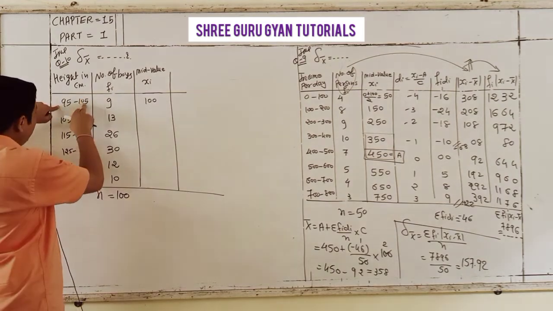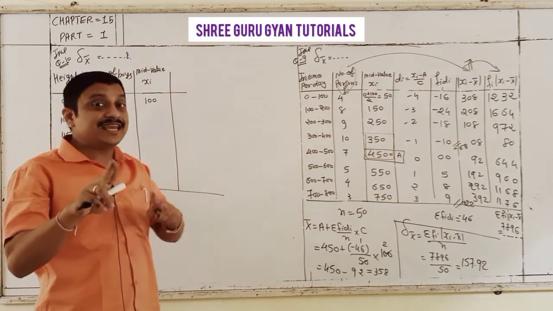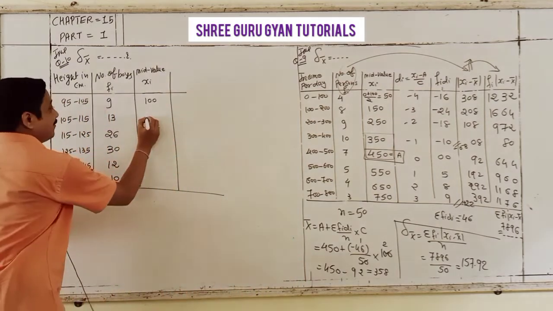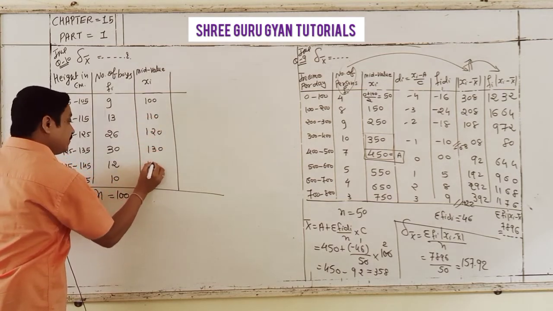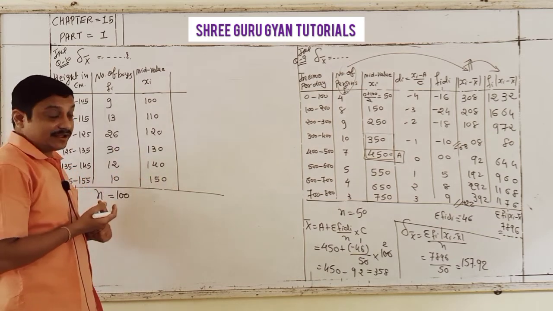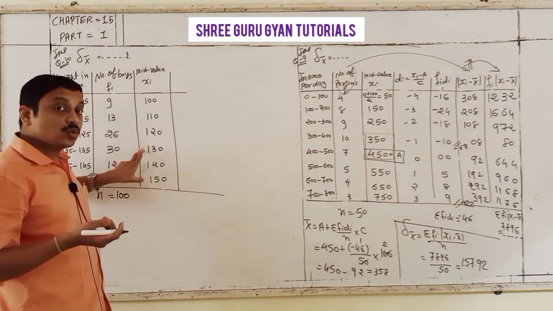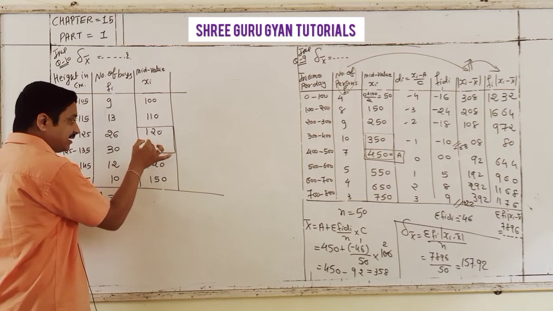Yes, the increment value between 95 and 105 is only 10, so I just added 10: 110, 120, 130, 140 and 150. That makes 1, 2, 3, 4, 5, 6, a total of 6 observations.